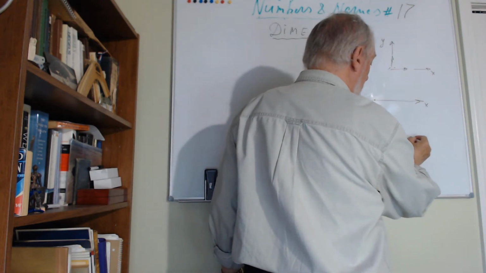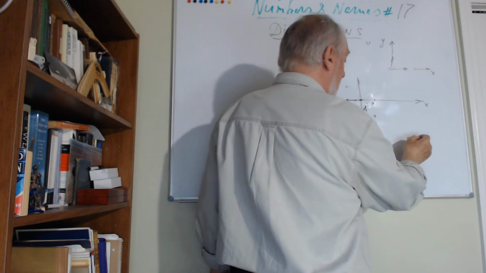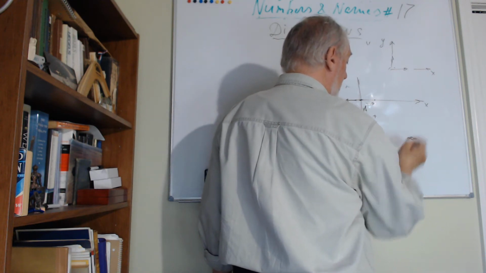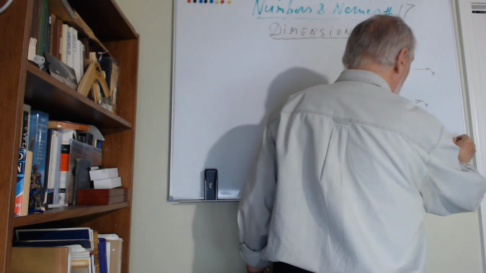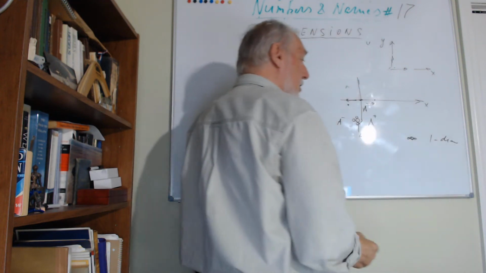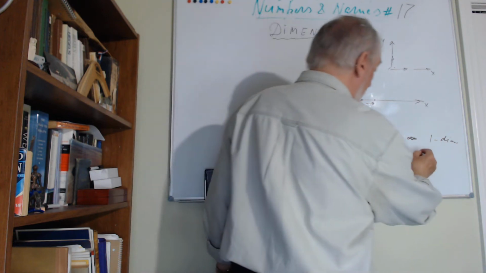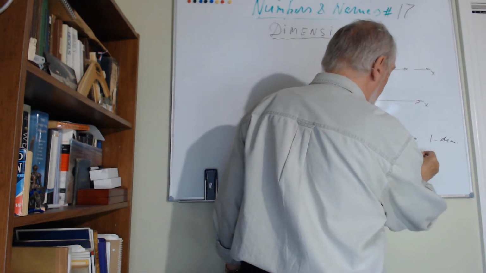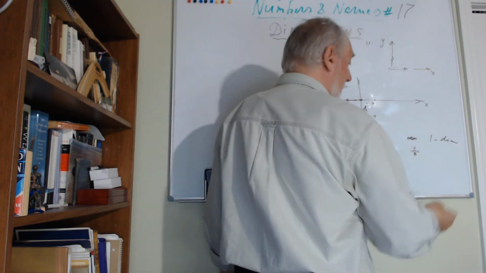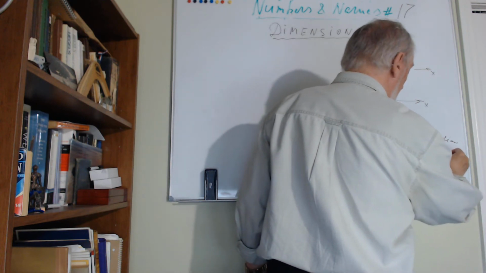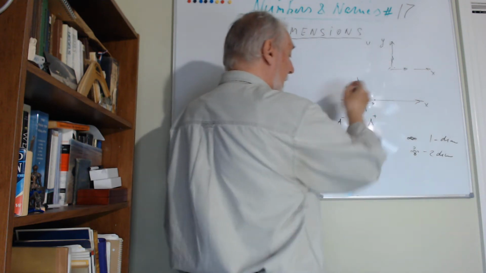If you have only two connections, right? Two neighbors, left and right, this is one-dimensional space, right? If you have at least four, you have two-dimensional space. It's a plane.